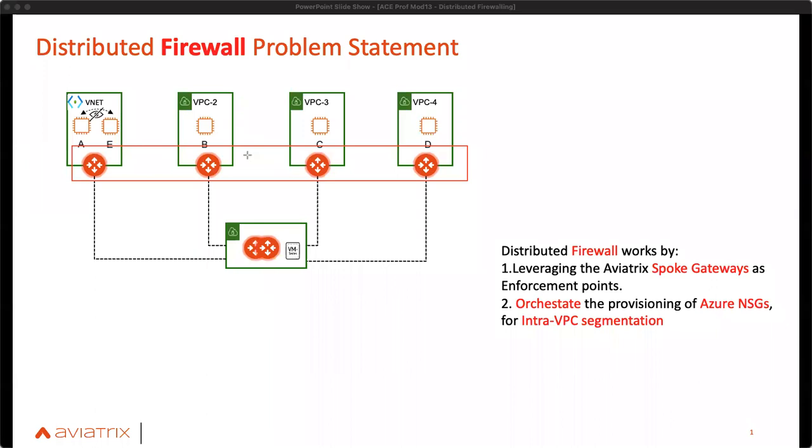So we are pushing security into the fabric, which is, in my opinion, a very natural progression rather than having to put firewalls in central locations and going through a lot of complexity to send the traffic towards those firewalls, in addition to dealing with scaling and other issues of operating those firewalls.